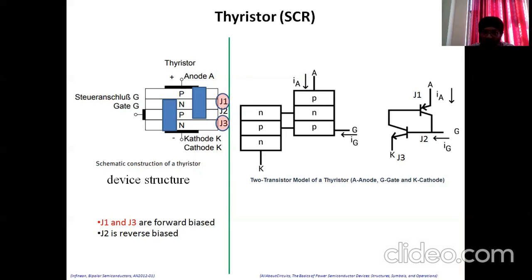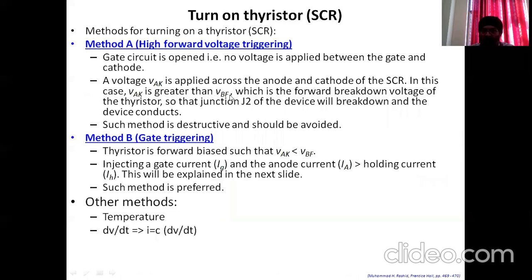J1 is forward biased, not blocking the current. J3 is forward biased, not blocking the current. J2 has now gone through avalanche breakdown, so it also does not stop the current. So a heavy amount of current will flow in this device now with the larger value of anode to cathode voltage. That voltage is called the forward breakdown voltage of an SCR, where the SCR starts to conduct.